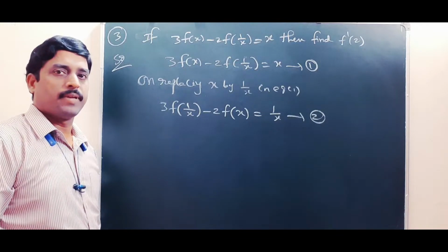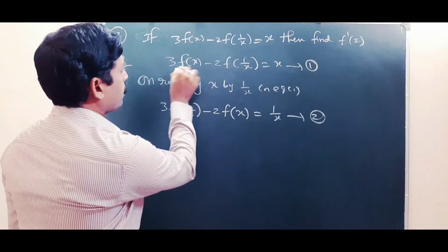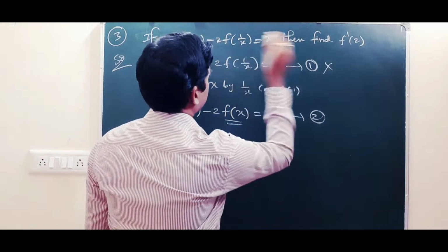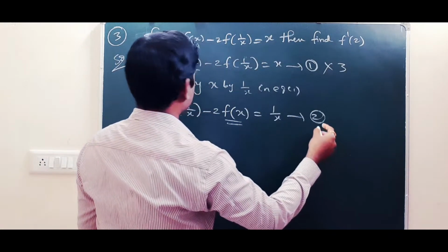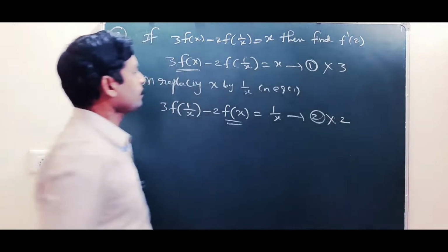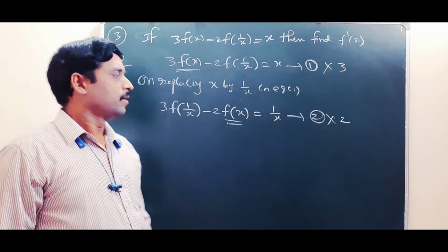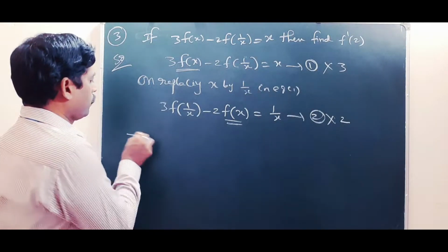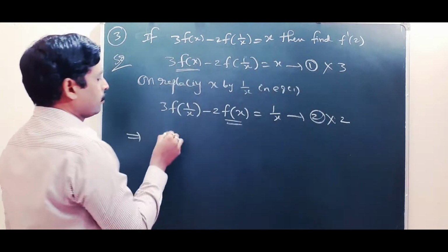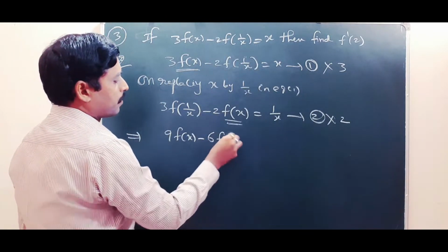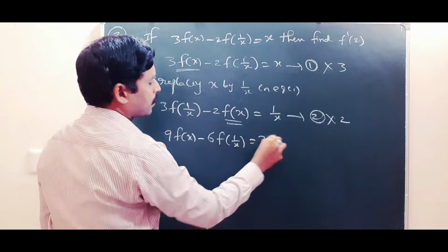By the elimination method we have to find the f of x value. So equation 1 multiplied by 3, equation 2 multiplied by 2. It is going to be 9f of x minus 6f of 1 by x equal to 3x.